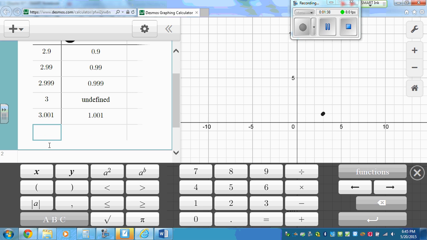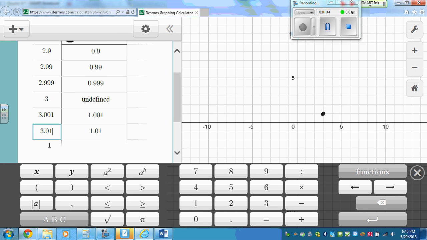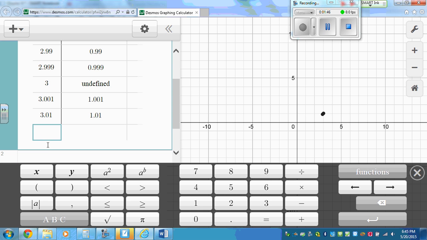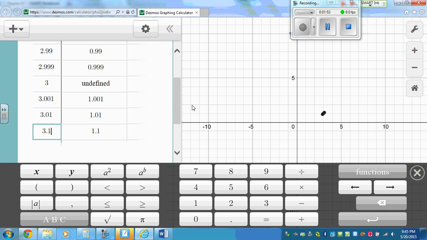Well, close to 1. So it seems like I'm getting pretty close to 1. And then when I get further away, I get further away from 1. Okay, so it looks like I'm getting really close to 1.